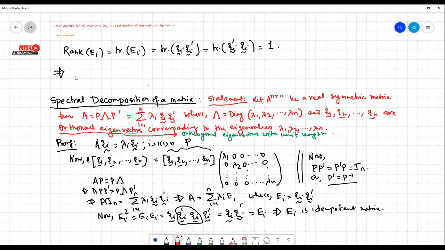Hence we can write A as the sum over i from 1 to n of λ_i E_i, where the rank of E_i is 1.